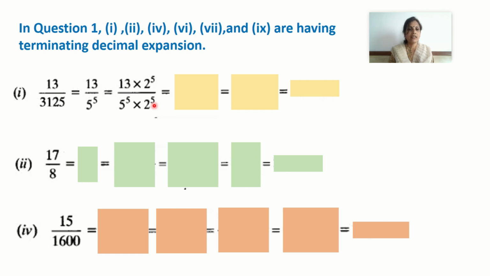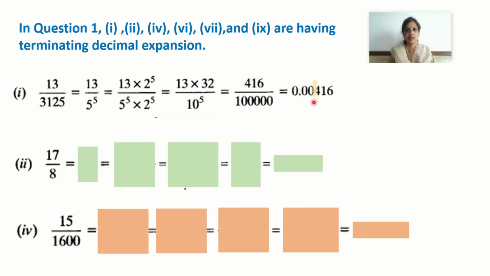So I can write it like this: 13 into 2 raised to 5, which is 32, upon 10 raised to 5. And 10 raised to 5 means I have to give 5 zeros there. Okay, so 416 upon 5 zeros, and now it's easy for you to put up the decimal point. Count the number of zeros and accordingly put up the decimal point there, and this is the decimal expansion of the given rational number.